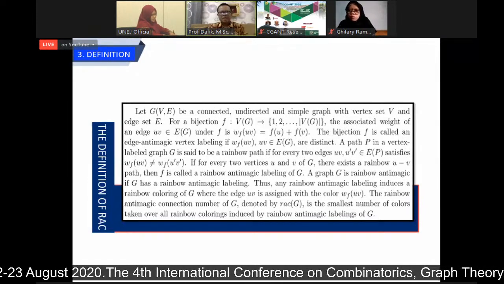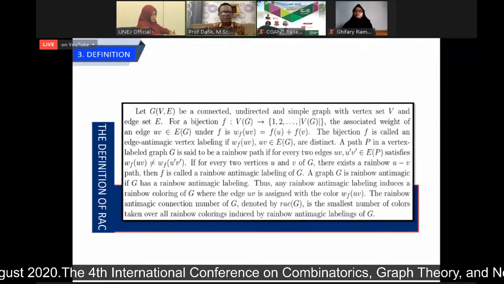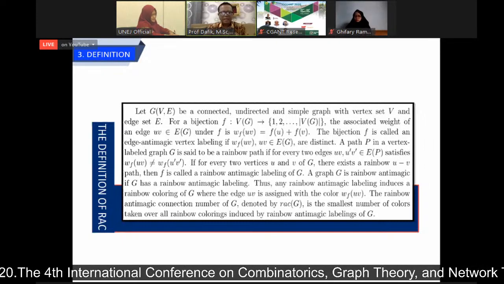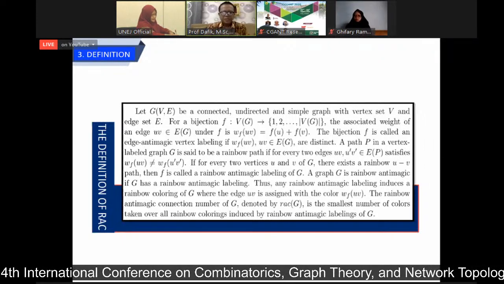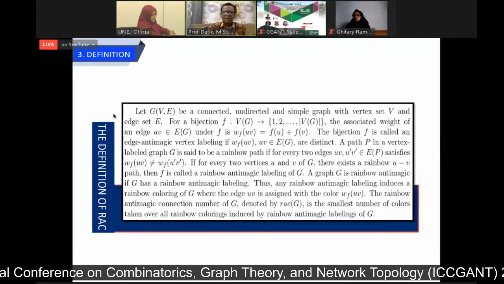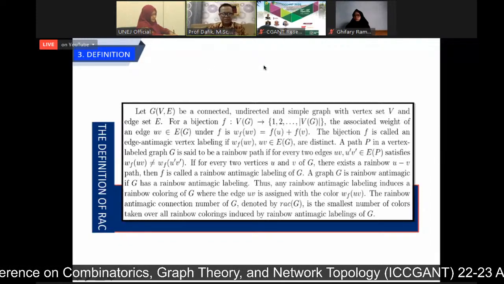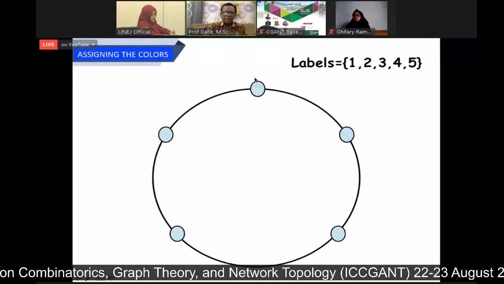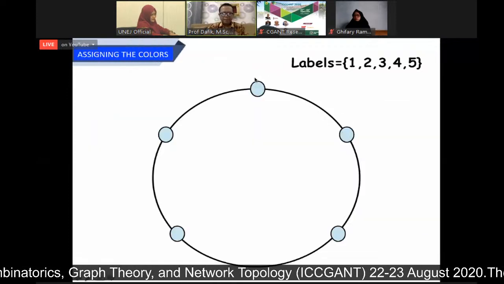The bijection F is called an anti-magic vertex labeling if the H weights are distinct. So this is the definition. Let me give you an example.